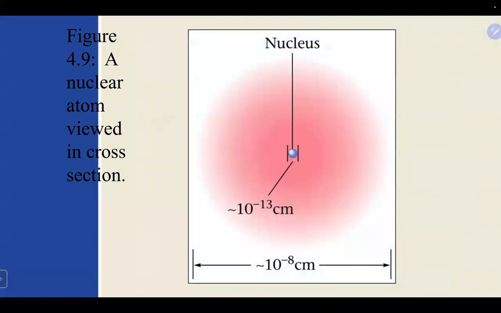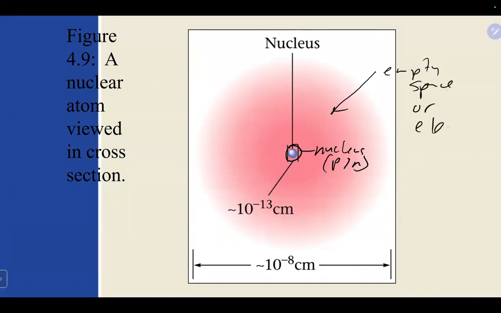So this is an idea of what's going on in the atom. Here we see our very small spot, which is our nucleus, where we have our protons and our neutrons housed. This reddish spot here is what is sometimes referred to as the empty space, or the electron cloud.